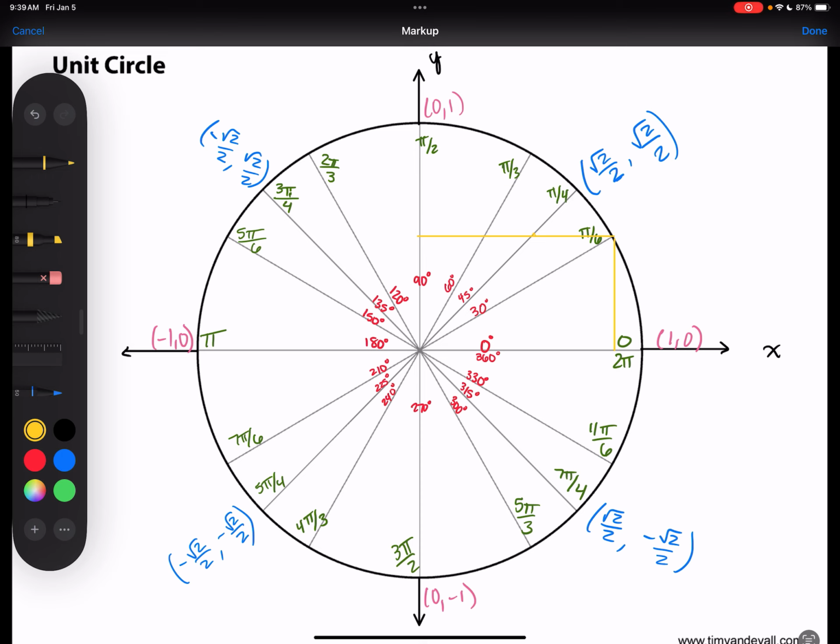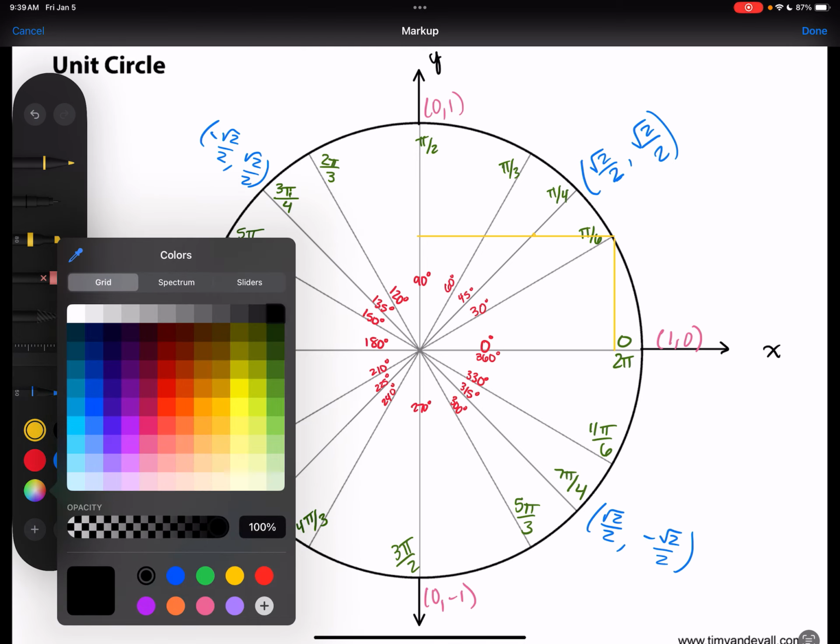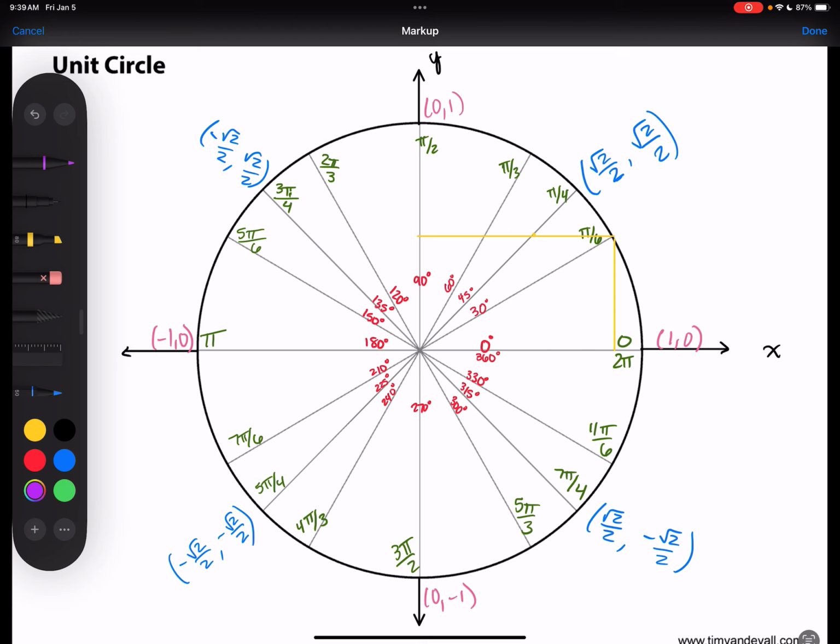And so these values, what color have I not used? Purple. All right, so these values, root 3 over 2 is the x value, the y value is 1/2.